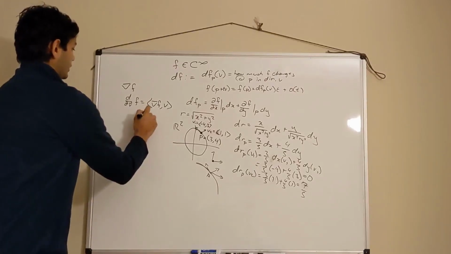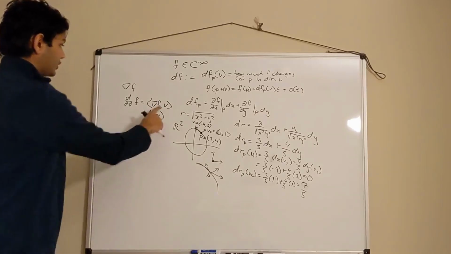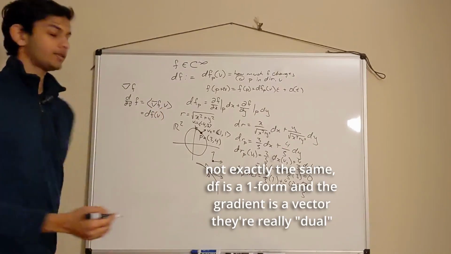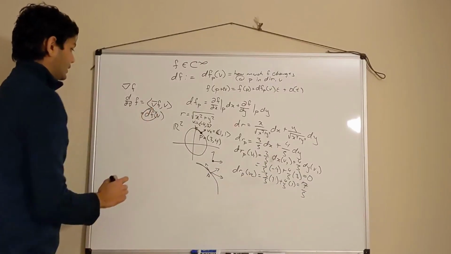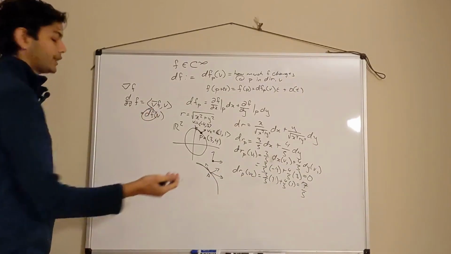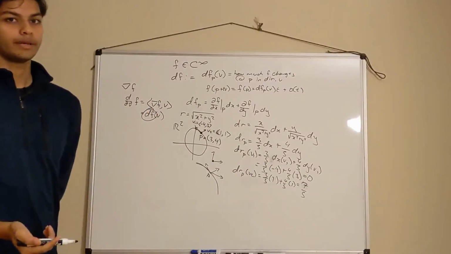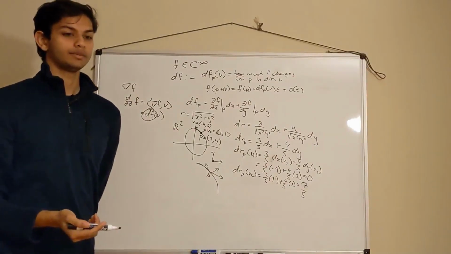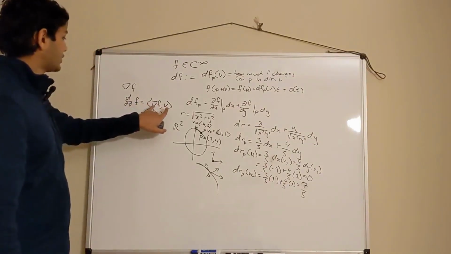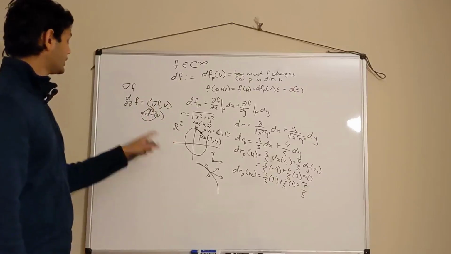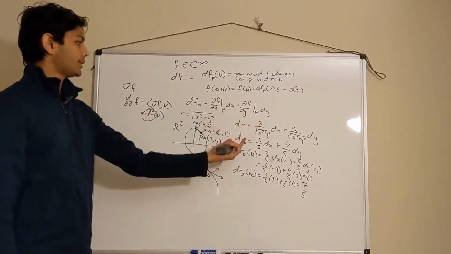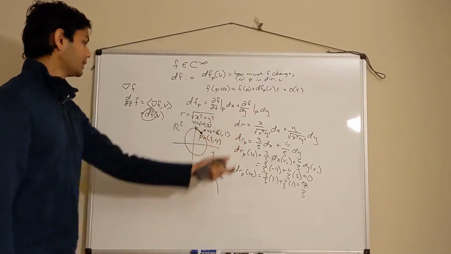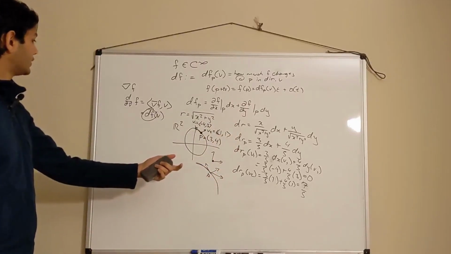However, now I'm saying that this is equal to df evaluated on the vector v. And essentially these two are the same notions. But it turns out that df is the more natural thing to define. If you know a little something about metrics, then you'll know that this inner product notation depends on what metric you choose. But this df definition does not depend on the metric, as we'll see a little bit in later videos.